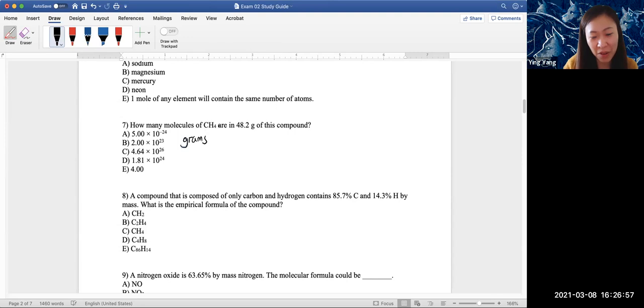So if you know the grams, you can find the number of moles using molar mass as a conversion factor. And the same way, if you know the number of moles and use molar mass, you can find the grams. And when you know the number of moles, you use Avogadro's number to find the number of substances.